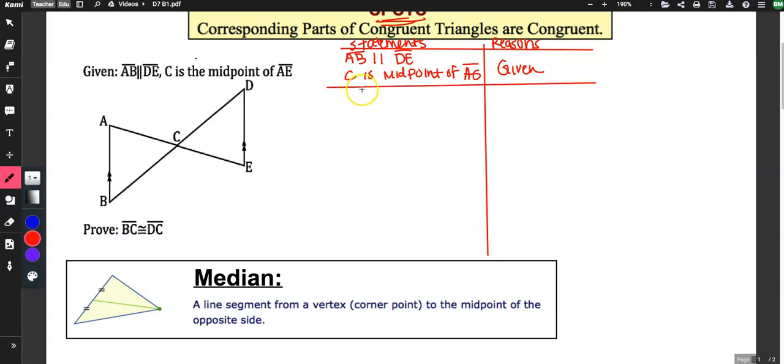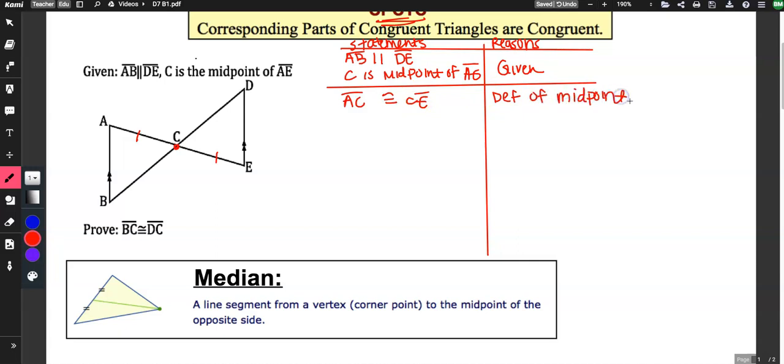Okay, so let's see what we can conclude based on what we see so far. I'm going to start with the midpoint because that one's really easy to write a statement. So C is the midpoint of AE. So I can say these two pieces are congruent. AC is congruent to CE, and that would be the definition of midpoint.